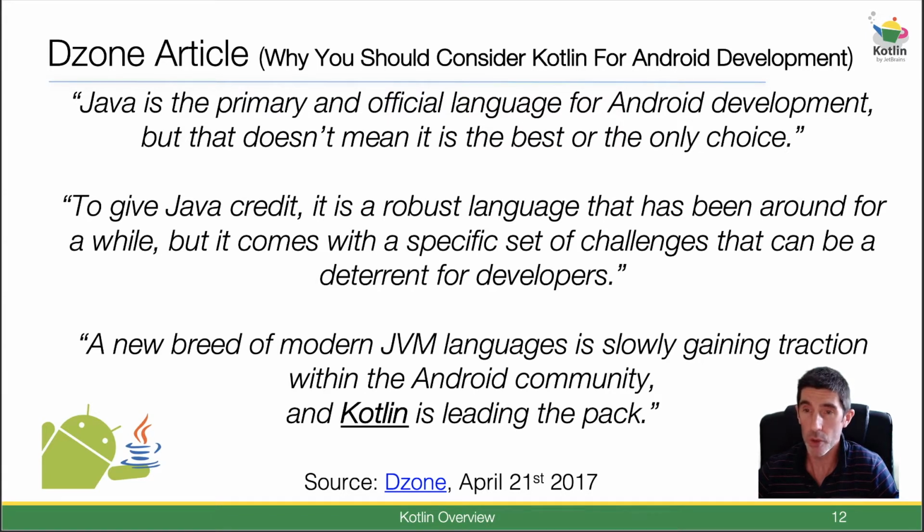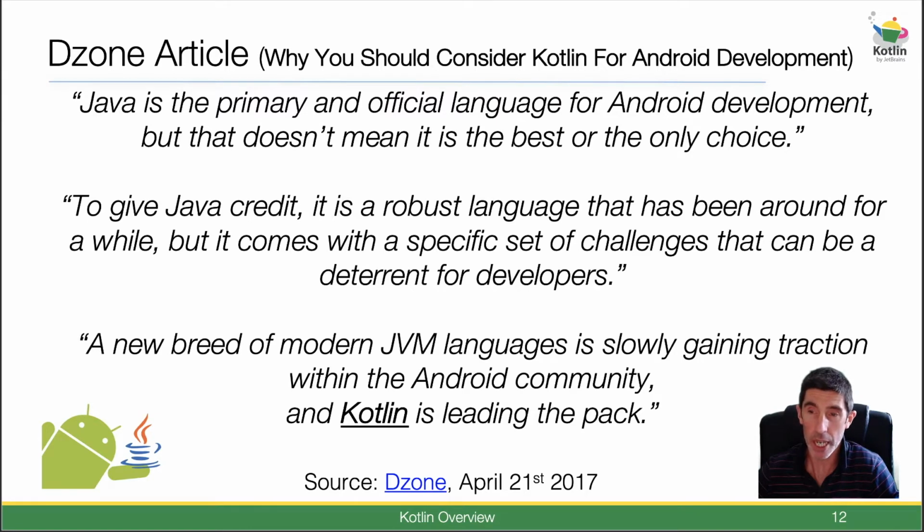Again, massive ones there: code verbosity, the null pointer exception. You get a lot of boilerplate code, especially in the Android world, just when you create your very simple, very basic app. To continue, a new breed of modern JVM languages is slowly gaining traction within the Android community, and Kotlin is leading the pack.